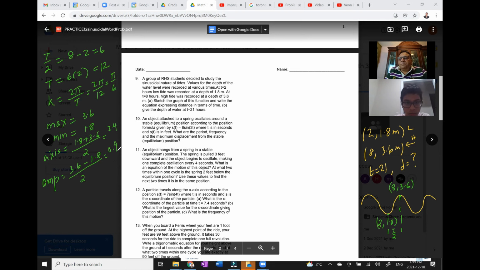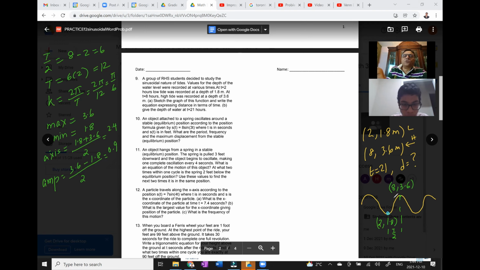So I think we have all the parameters except for the phase shift, correct? For phase shift, it depends really on what type of wave you want to pick. Since we are given the information right here as a minimum point, we can consider that to be a point of reference for the minus cosine function.